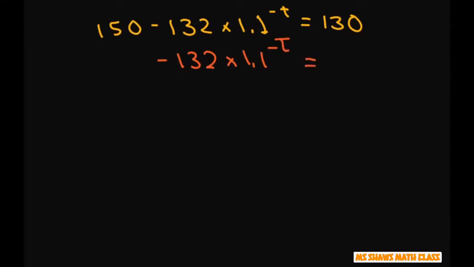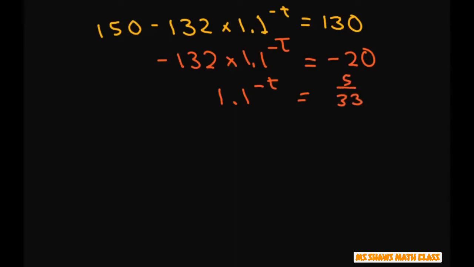You get negative 20 equals negative 132 times 1.1 to the negative t. Divide both sides by negative 132. And that gives you 5 over 33, if you reduce it. 5 divided by 33.